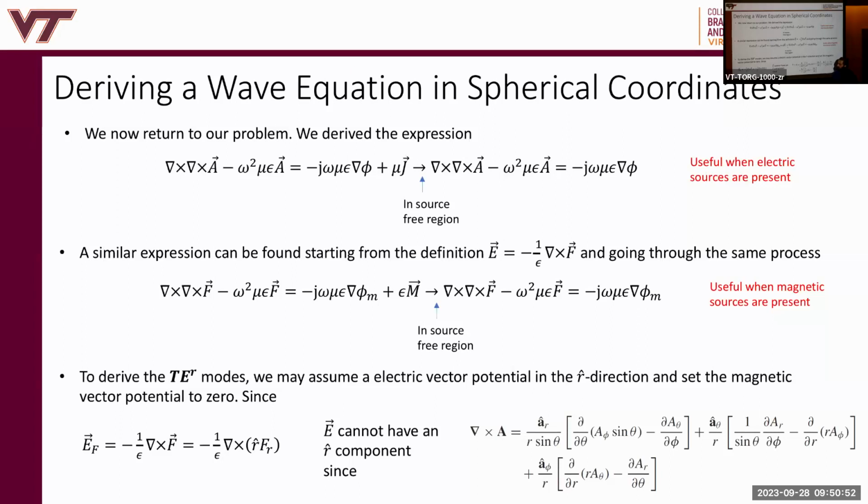So this is how you derive the TE to R modes. So we're going to call this E due to F, right? So there's part of the electric field due to F and part of the electric field due to A. This component is E due to F. That's equal to minus 1 over epsilon curl of F by definition. That's equal to minus 1 over epsilon curl of R hat FR, because F only has an R component.